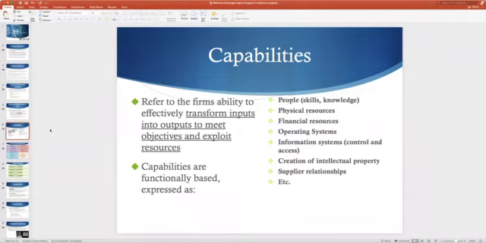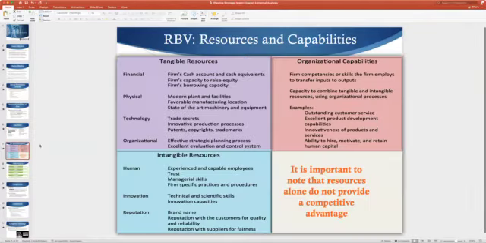Financial resources, operating systems, information systems, the control and the access over that information that comes into that firm and within that firm is able to be dispersed. The creation of intellectual property, the relationship that we have with our suppliers. So those are just a few of capabilities. We got a few more that I'm going to show you here in just a second.